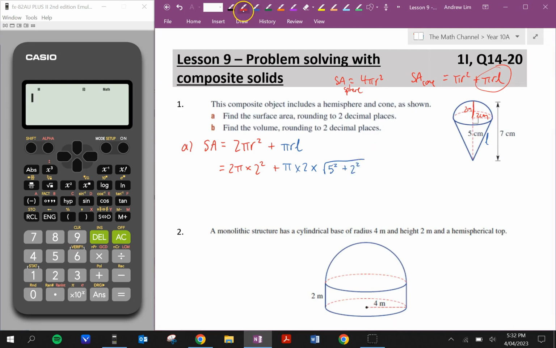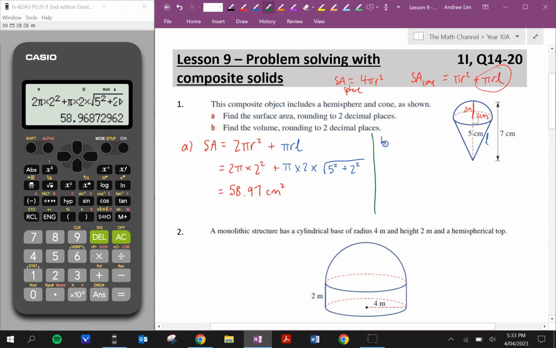And now we can just put this in our calculator to give us 58.97 to 2 decimal places, centimeters squared.